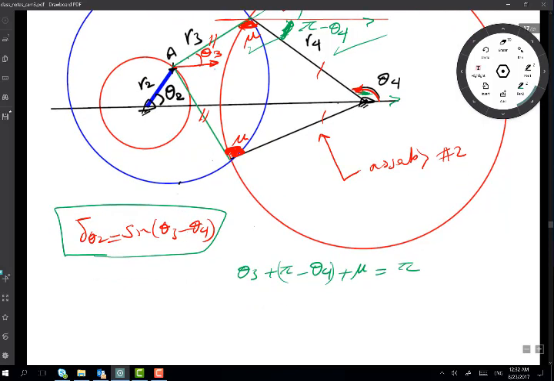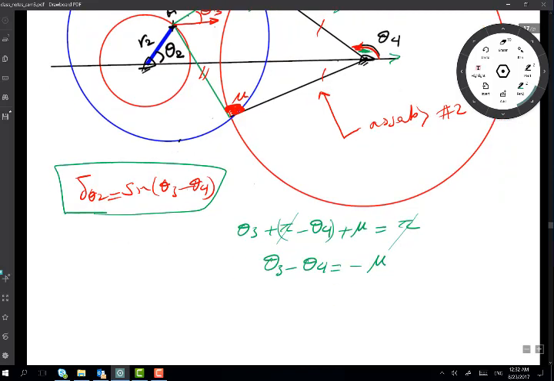Then pi cancels out from both sides. This means theta 3 minus theta 4 is equal to minus mu. So the Jacobian J theta 2 is equal to sine of minus mu, which is minus sine mu.